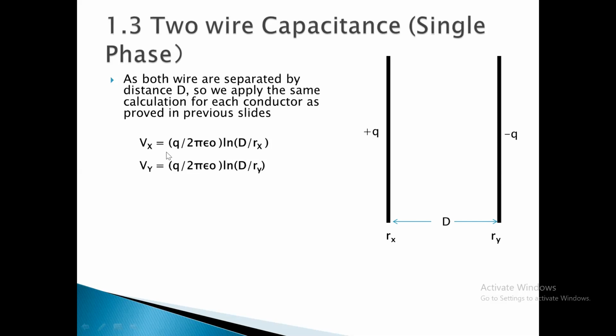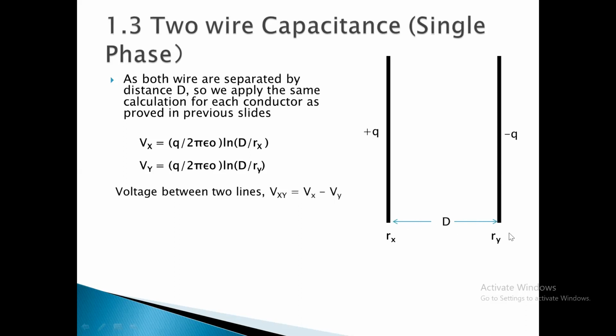So as I proved before, the voltage is Q divided by 2 pi epsilon naught into natural log of D divided by Rx. Here we are calculating the capacitance of two lines. In the last slide we considered a point at some distance from a line, but here we are considering the distance between two lines.